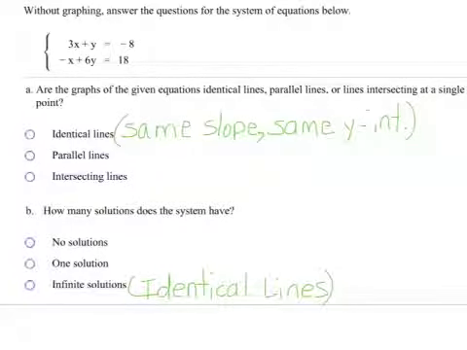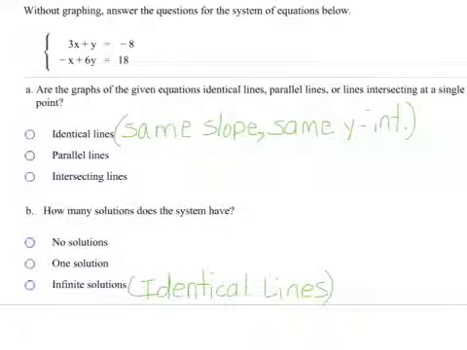Identical lines will have the same slope and the same y-intercept because they're the same line. And they will have an infinite number of solutions because, remember, the solution to a system is where the lines cross. Well, if it's one line and another line graphed identically right on top of it, they're going to cross all the time.